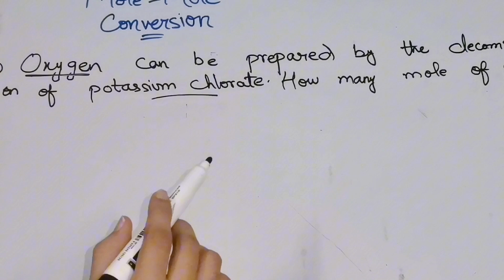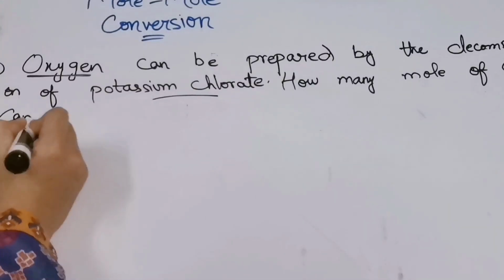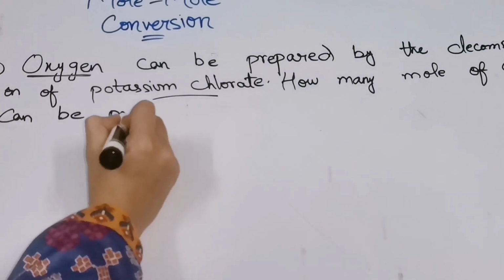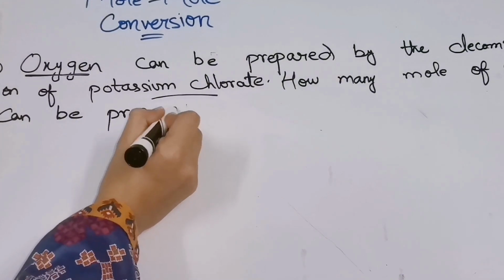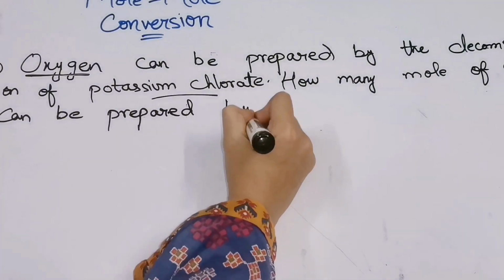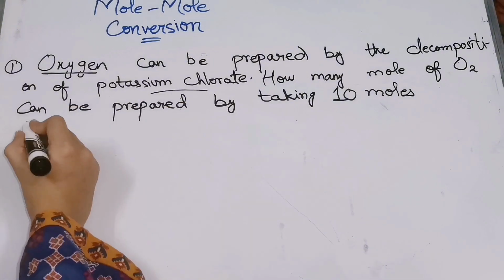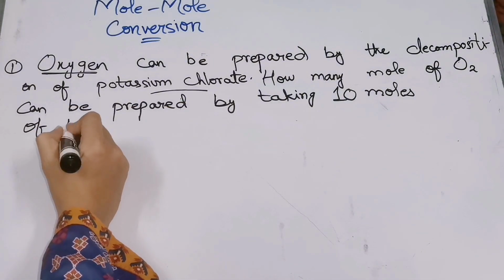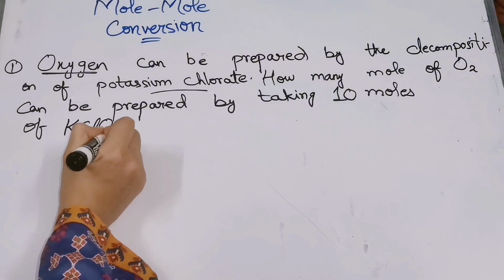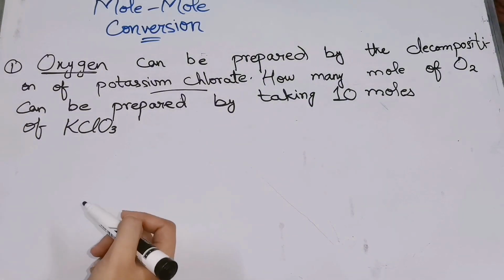Now the main question is: how many moles of O2 can be prepared by taking 10 moles of KClO3, potassium chlorate? Now let us see the reaction.